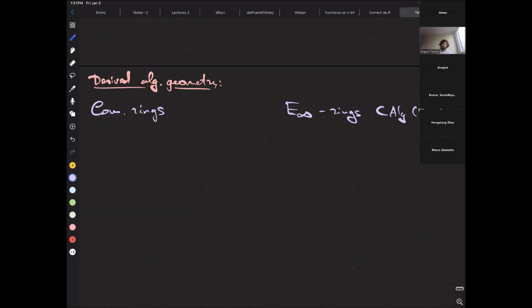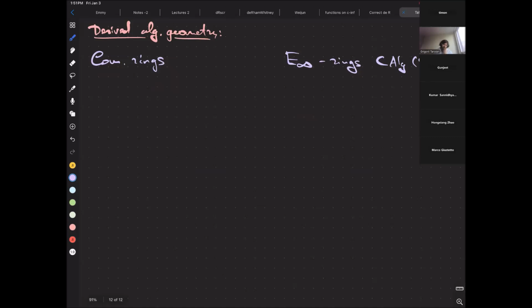That gives you a set of derived affine schemes, and from that you can build derived algebraic stacks. And that's basically it. But to be slightly more rigorous and slow, let's consider how it's actually done.